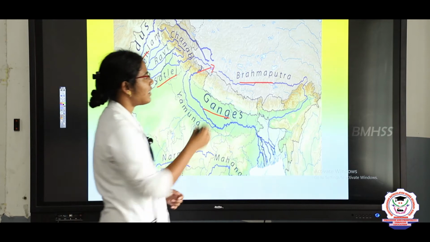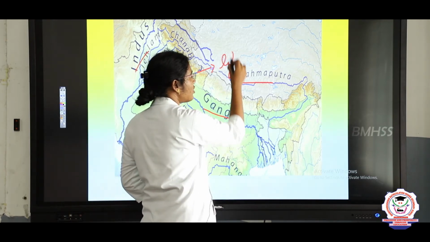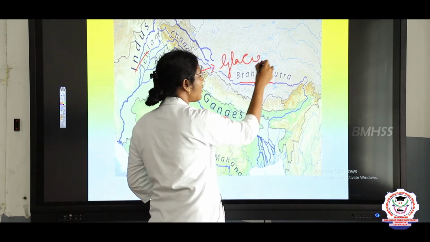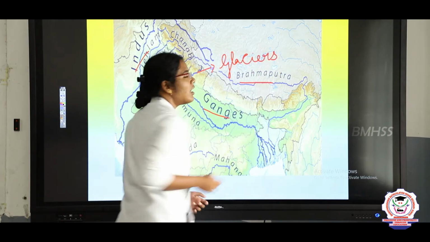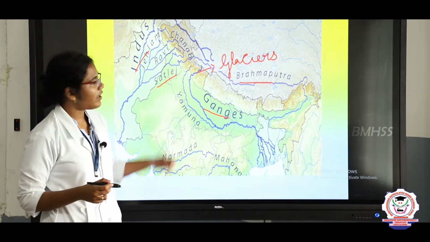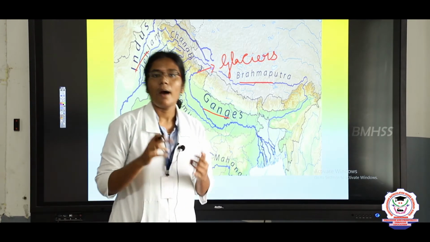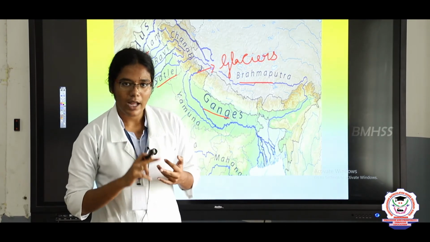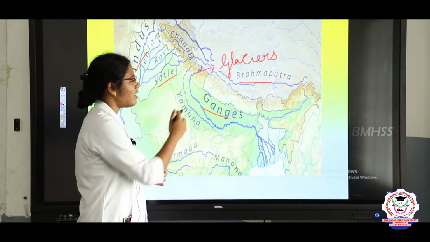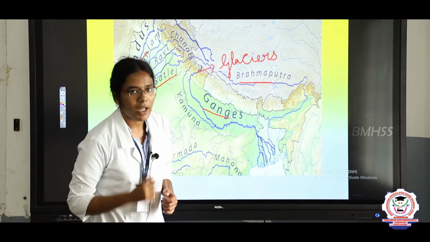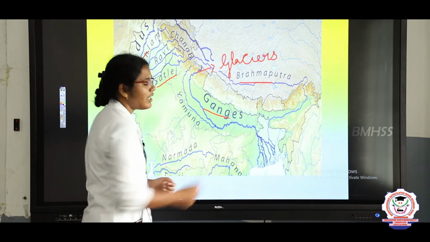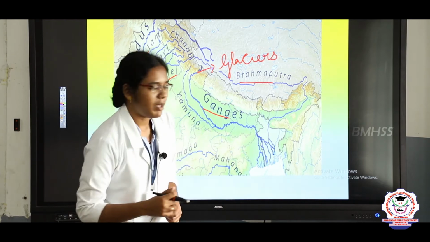What is meant by a glacier? A glacier is nothing, children. It is a slow moving river of ice. On moving downwards, it combines with three rivers called Bhagirathi, Alaknanda and Mandakini. These three rivers combine to form the Ganga, and it finally drains in the Bay of Bengal.